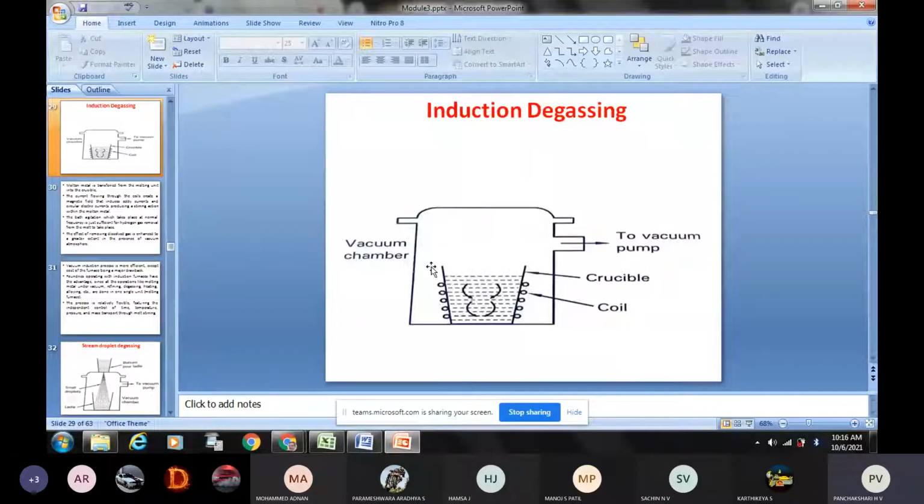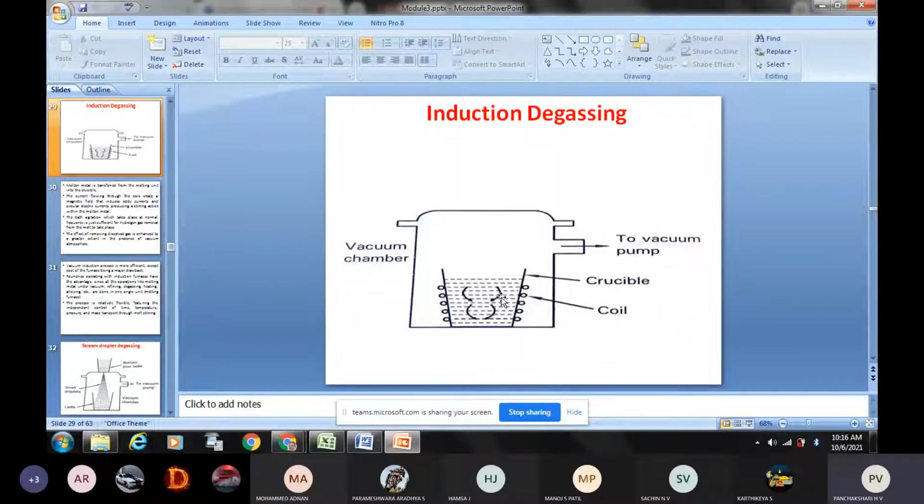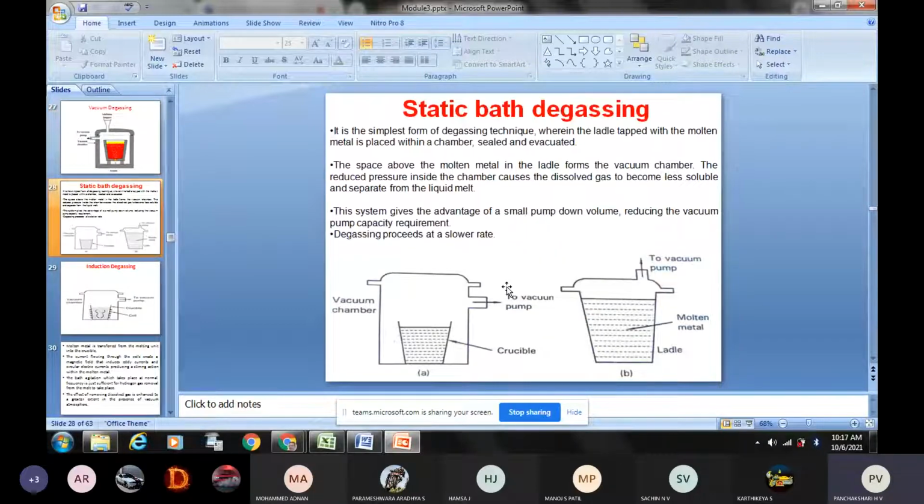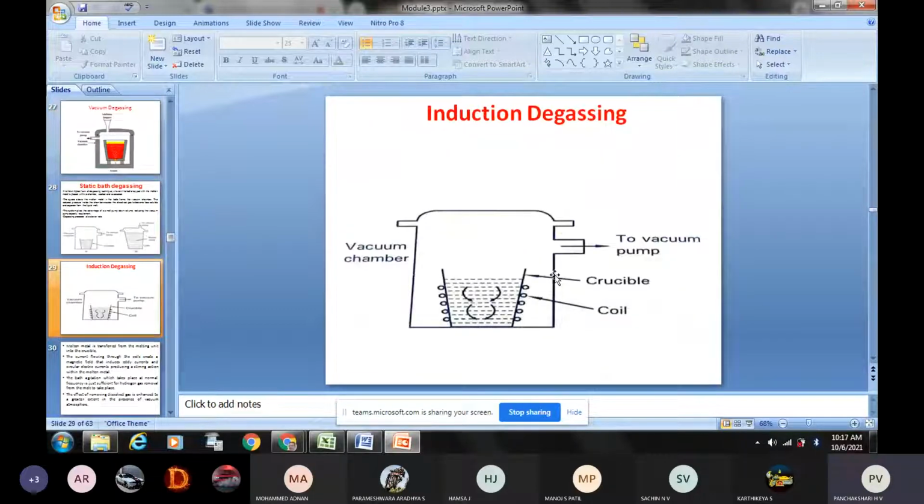Inside container is also provided. Inside this is the crucible. This was also there in the previous case. Here also vacuum chamber is there and inside crucible is there. Everything remains the same. But what is the difference between the first, static bath degassing, and induction degassing? That we have to understand.